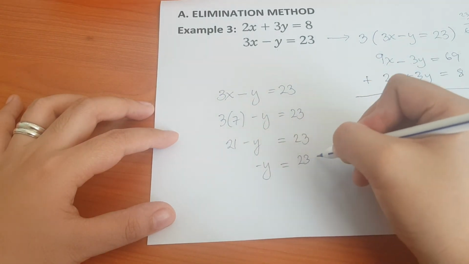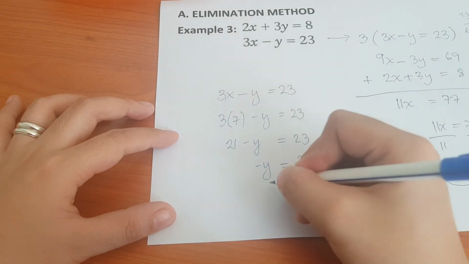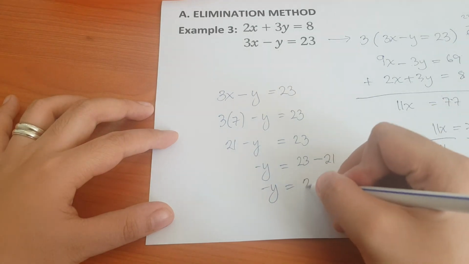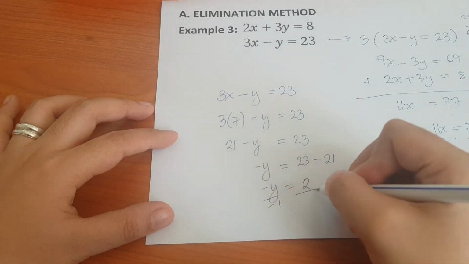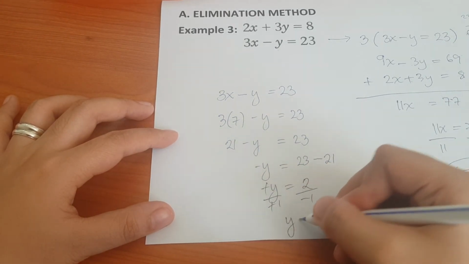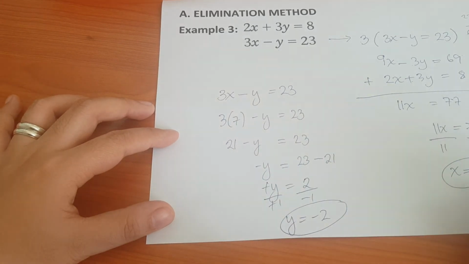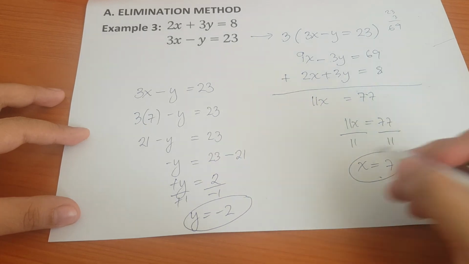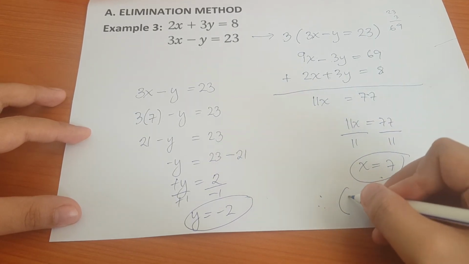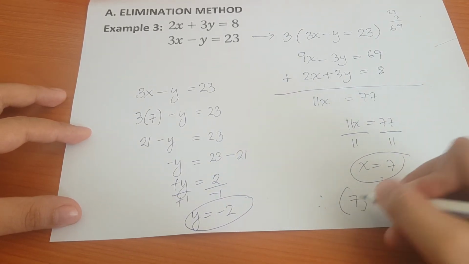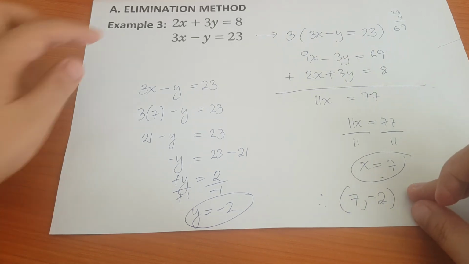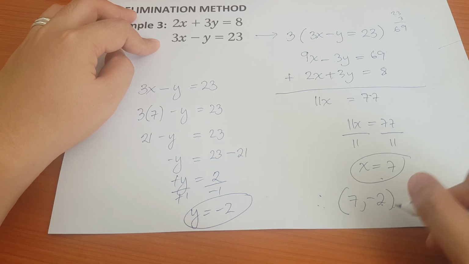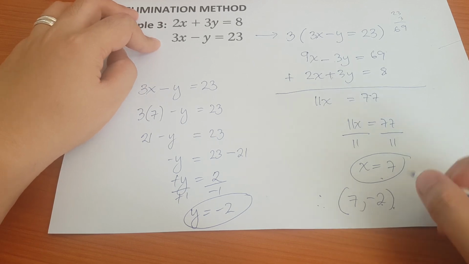Minus y equals 23 minus 21, which is 2. Divide by minus 1, so y is minus 2. So your value of x is 7 and your value of y is minus 2. Therefore, 7, minus 2. That means these two lines meet, they intersect at this point, 7 minus 2.